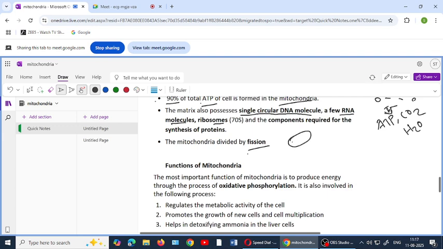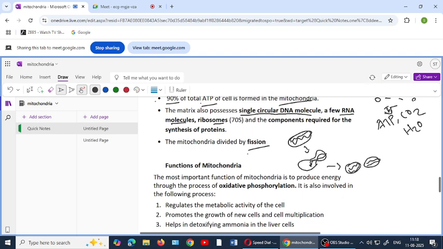This is a mitochondria, and it divides: some grooves, some depression happens at this area, and it becomes two, like this.